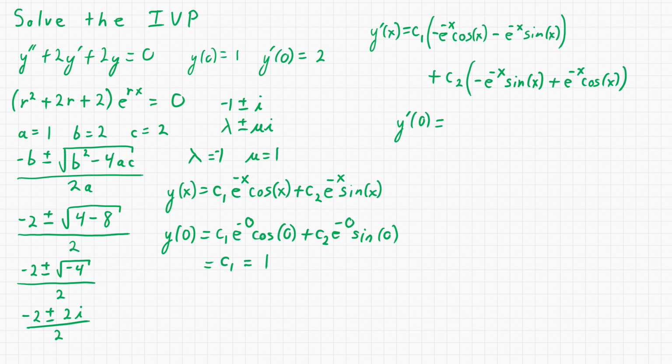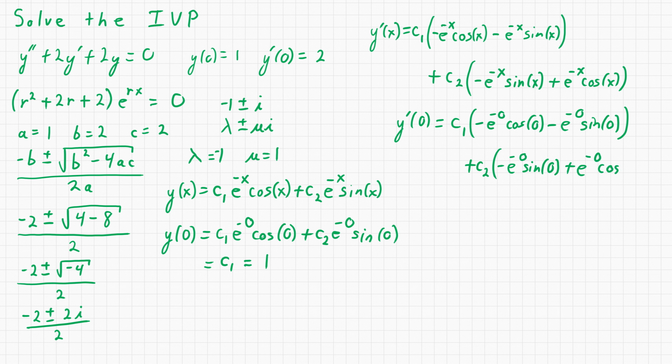So if we do that, let's write it all out. I have c1 times negative e to the negative 0 times cosine of 0, minus e to the negative 0 times sine of 0, plus c2 times negative e to the negative 0 sine of 0, plus e to the negative 0 cosine of 0. A lot of these will disappear, the sine terms, half of them.